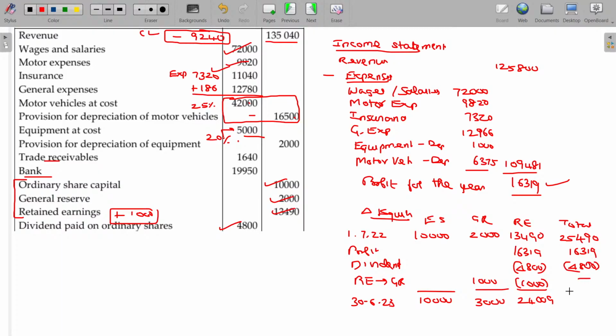This will have no balance. Total 37,009. You need to get the total of the row and column also. For that you get 1 mark. 1 mark for this, 1 mark for this, 1 mark for this, 1 mark for this. Stating that it is 0 also carries 1 mark. And finally 37,009 also carries 1 mark.